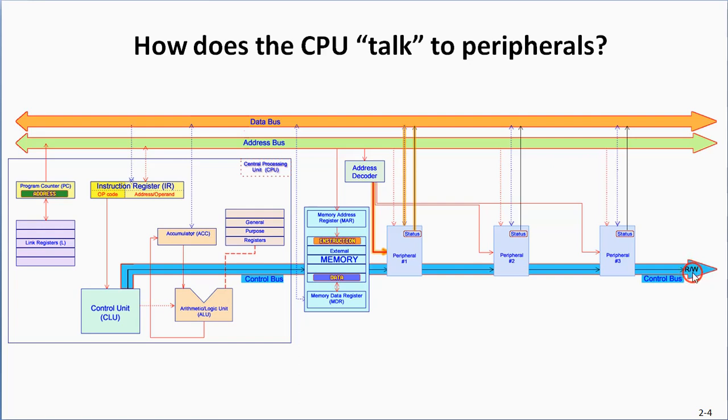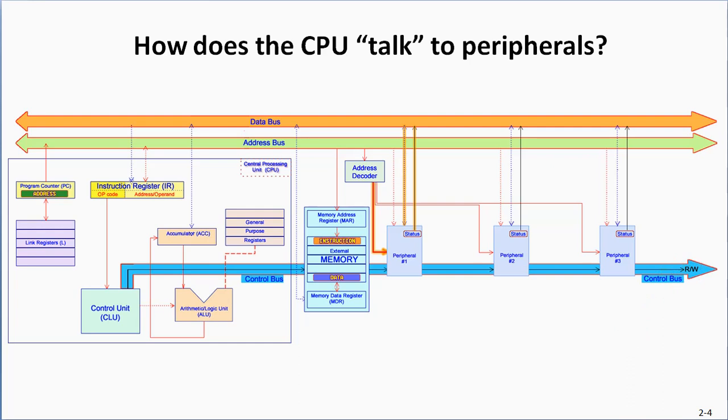Out of all the signals, the most important one is probably the read-write signal, which determines whether an input-output operation, which the CPU has initiated, is a read or a write operation. There are other signals that are common and important, such as the interrupt signals and the interrupt acknowledgement signals. But for now, we're going to stick to just the read-write signal for this.